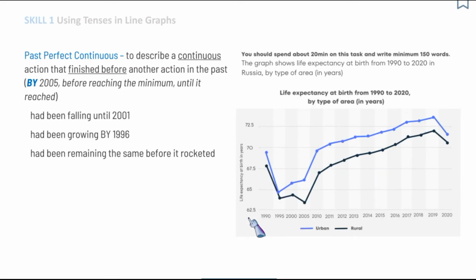Finally, past perfect continuous. For example, had been falling, had been growing, or had been remaining. This tense is used to describe continuous actions that finished before another action in the past. As you can see, this is like a hybrid, like a combination of the 2 previous tenses, the past perfect and the past continuous.